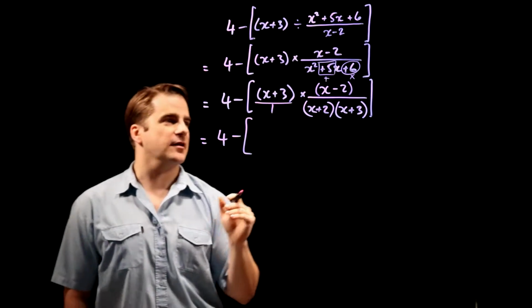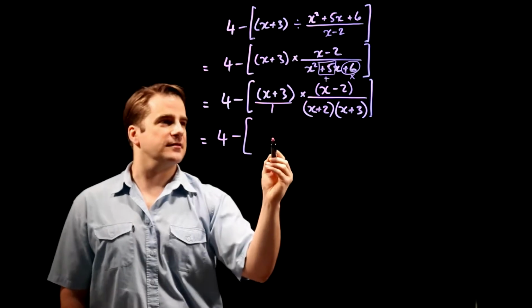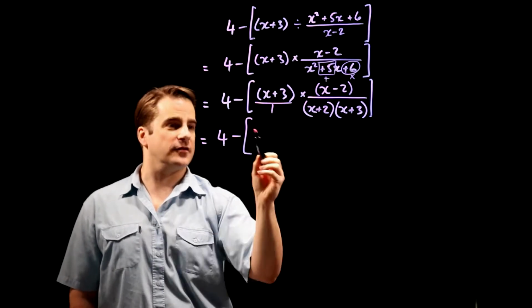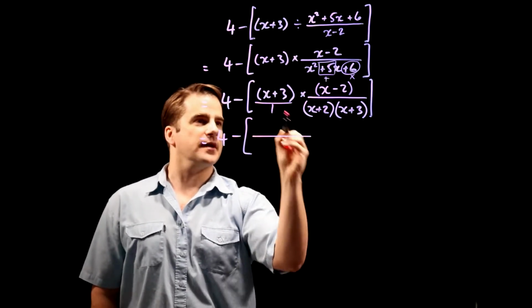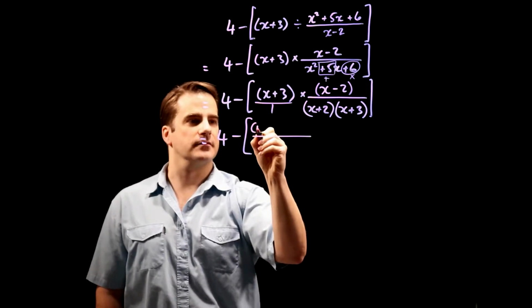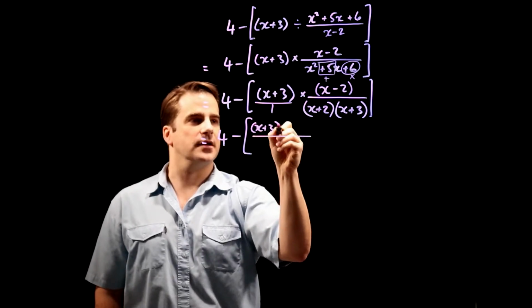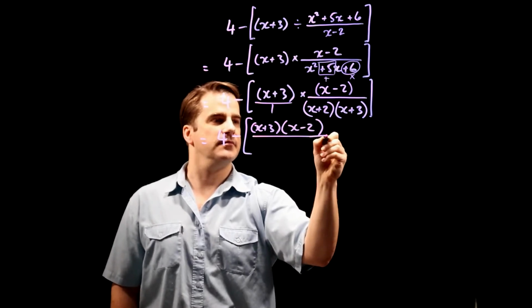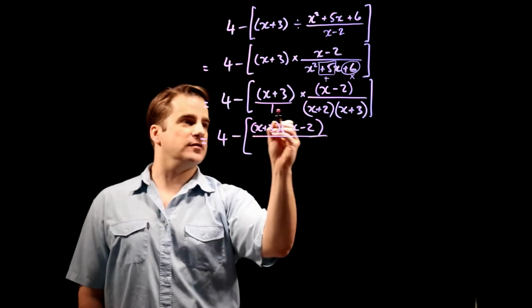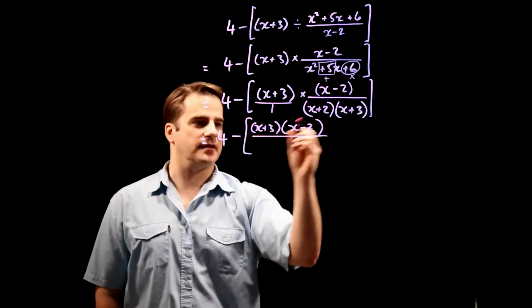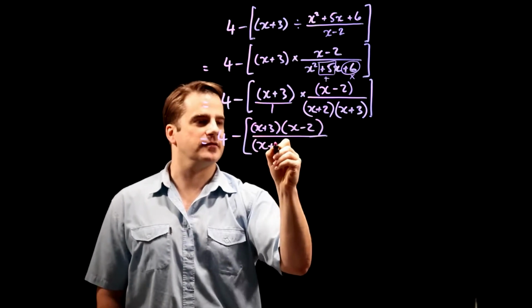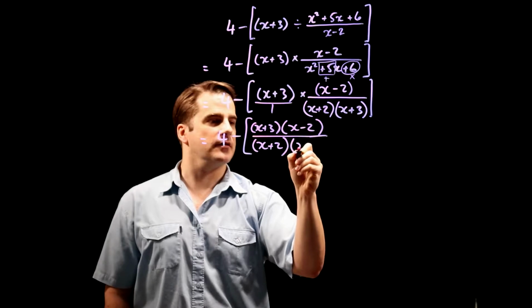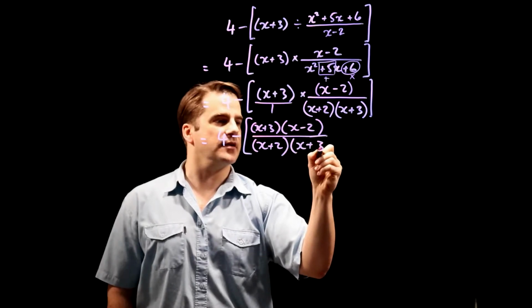Okay, so this is the same as on the top, it's x plus 3 times x minus 2. Okay, on the bottom it's 1 times this, which is just that. So it's x plus 2 times x plus 3.